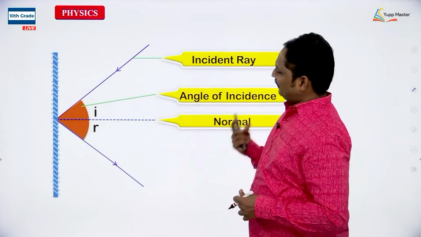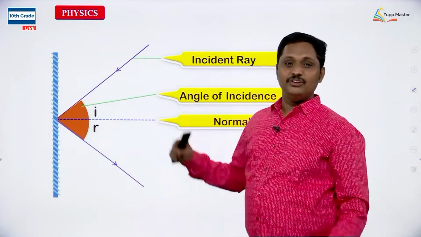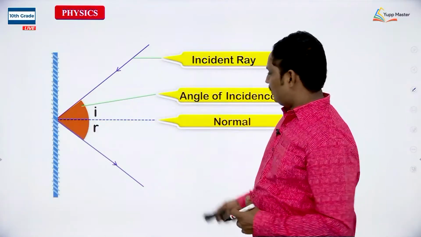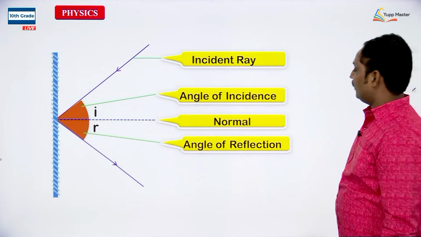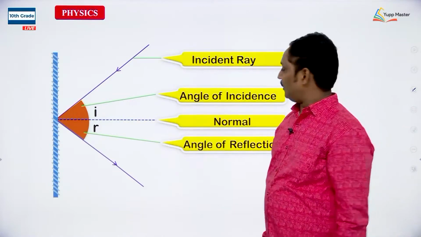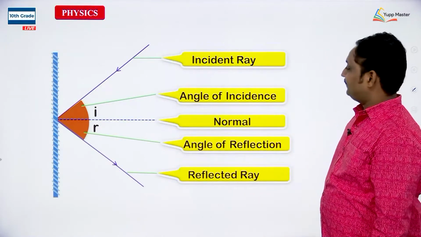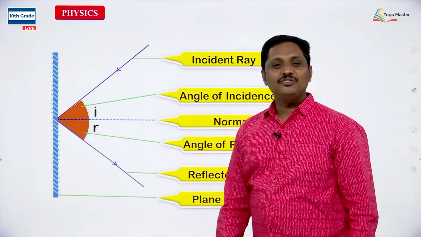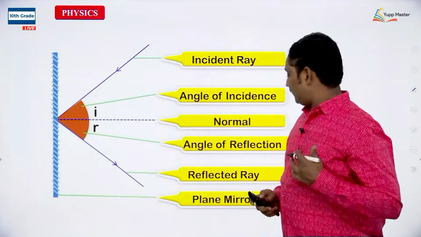The perpendicular drawn at the point of contact to the surface is known as the normal. Now, this is our angle of reflection, no doubt at all, and it is the reflected ray. So, the angle of incidence is equal to the angle of reflection, it is very clear.